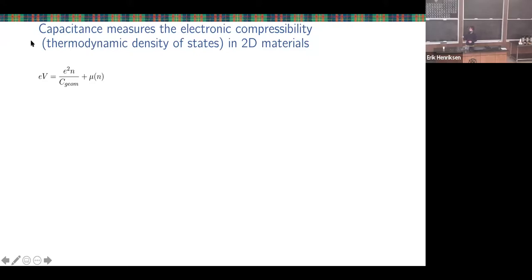In a capacitor made out of something with a low density of states, like graphene or a carbon nanotube, you also have to pay this extra energy cost. What that results in is that the measured capacitance is actually a series of the geometric capacitance, like epsilon A over D, plus something that's proportional to dN by d mu. That's known as the electronic compressibility. So you can think of two capacitors in series: one is the geometric capacitance and one is the so-called quantum capacitance.